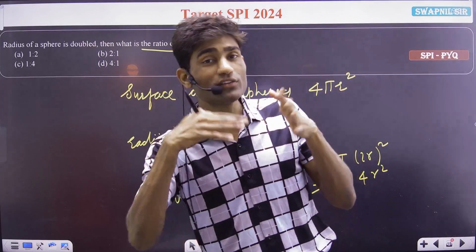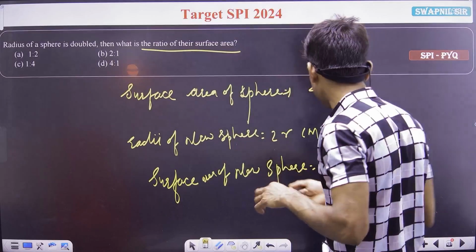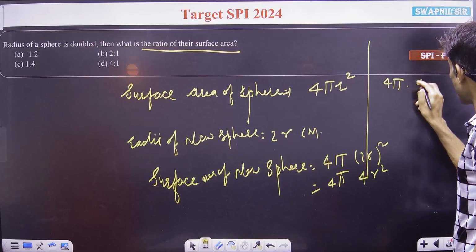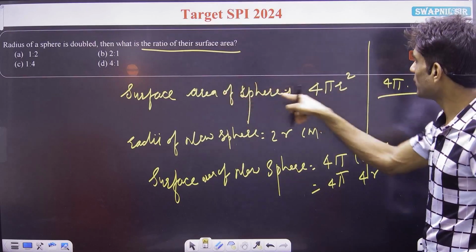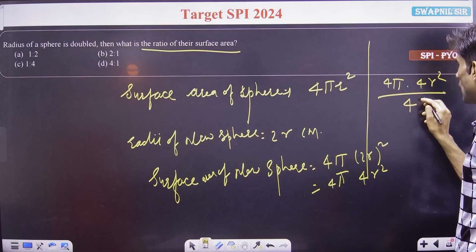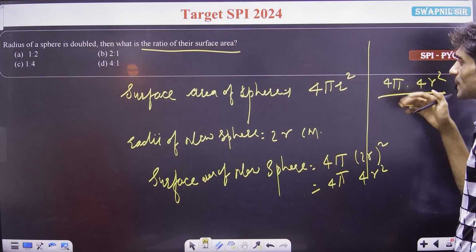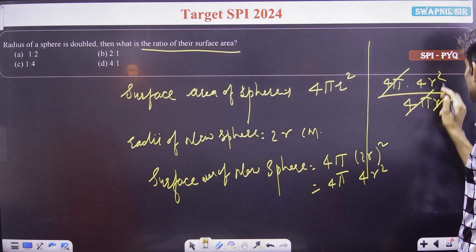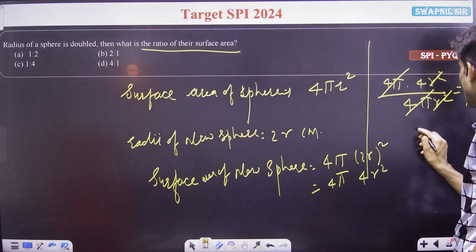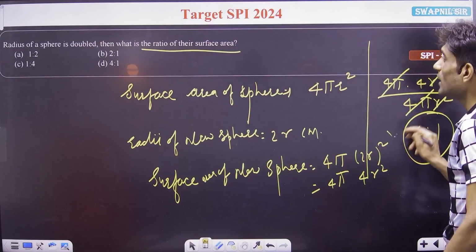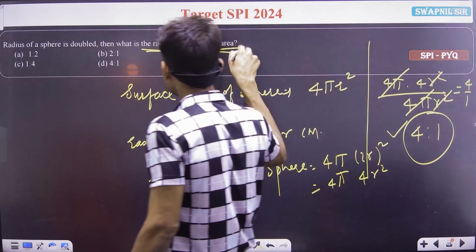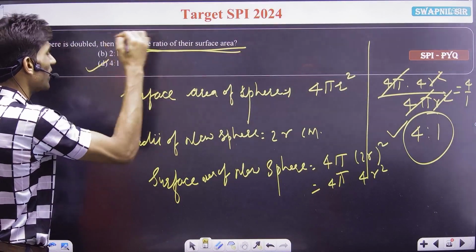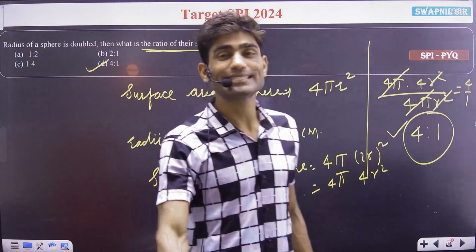We want the ratio between them, so we write 4 pi into 4r square divided by the surface area of the old sphere, which is 4 pi r square. 4 pi cancels, r square cancels, we get 4 divided by 1, that means 4 is to 1, which is the required ratio of the surface areas of our sphere, which is option D, the exactly correct answer.